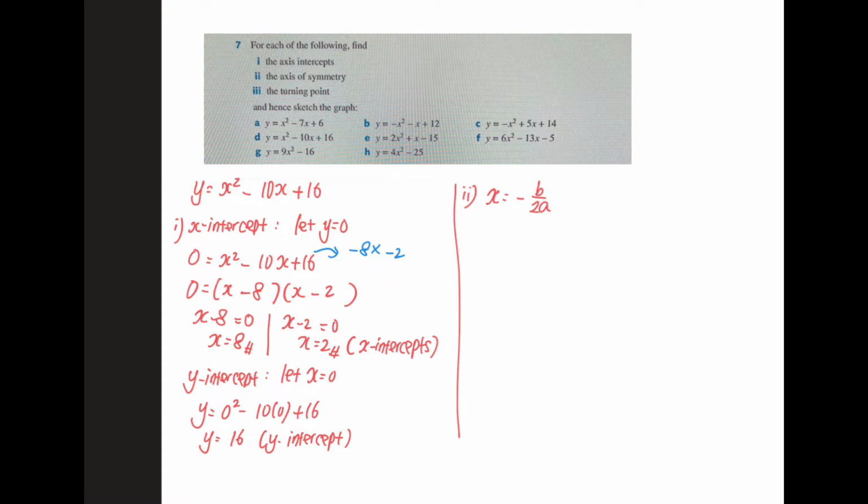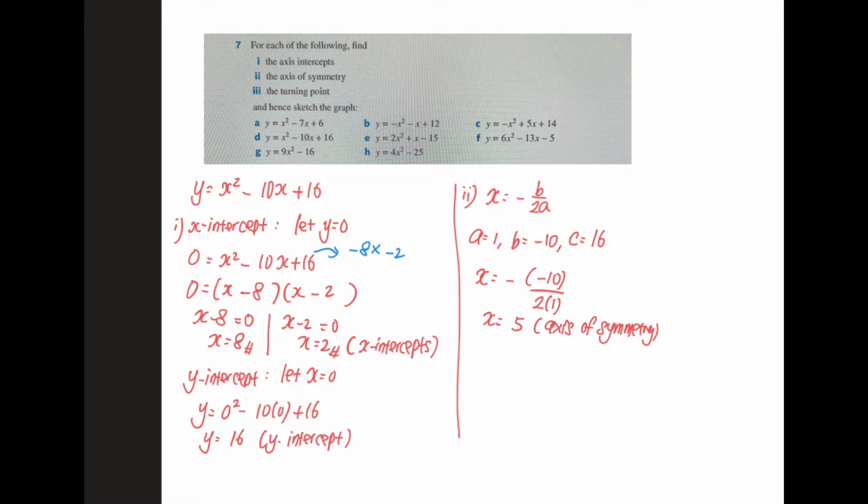We write it down, and we substitute into that formula, minus b over 2a, then we get 5. Sorry, this is the axis of symmetry.